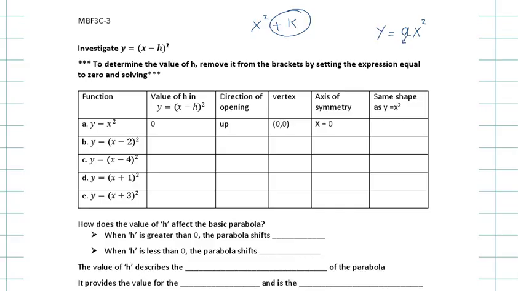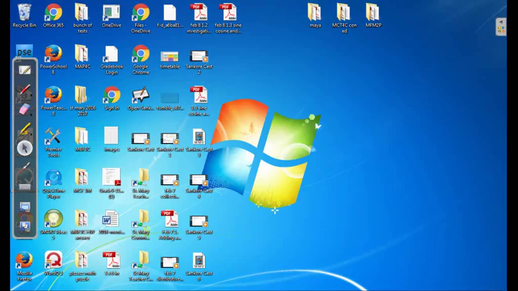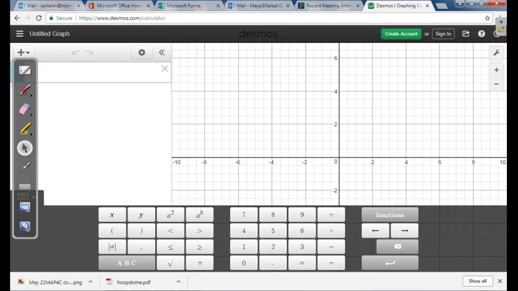I'm going to graph it on Desmos so you see. It looks like this, right? You have your vertex, which is right here at the bottom. It's your turning point, and it's at 0, 0. And it opens up.